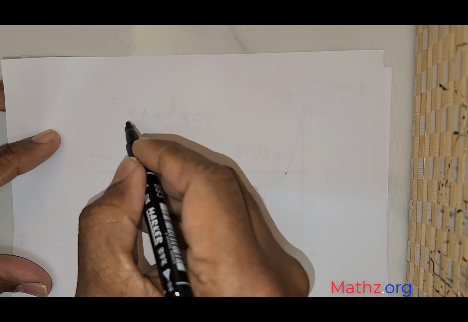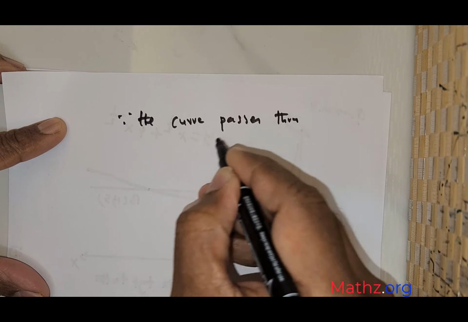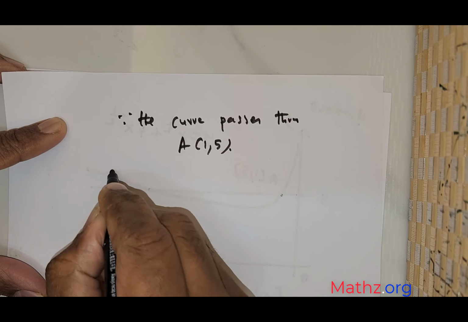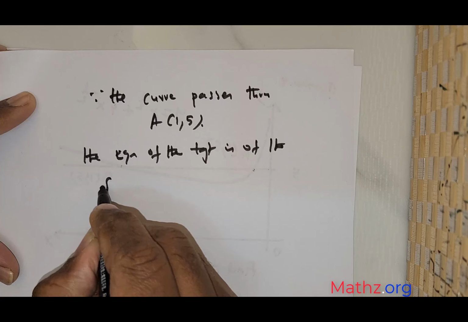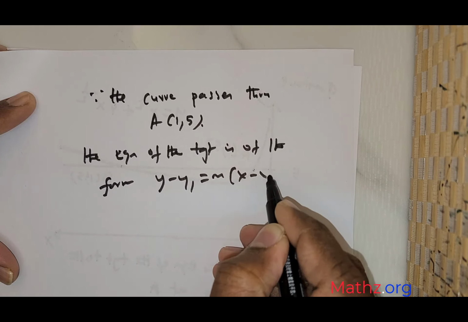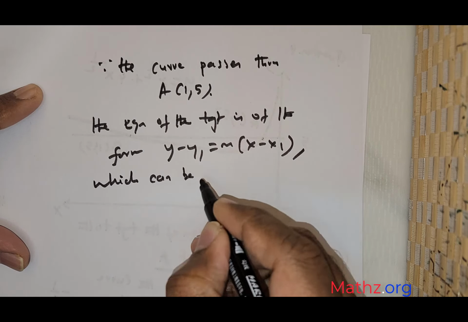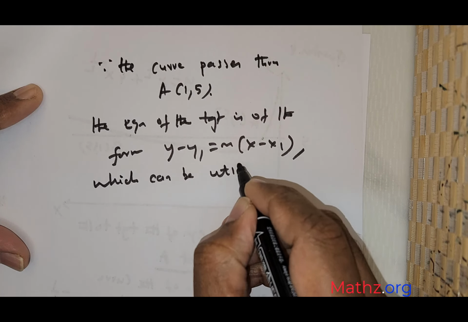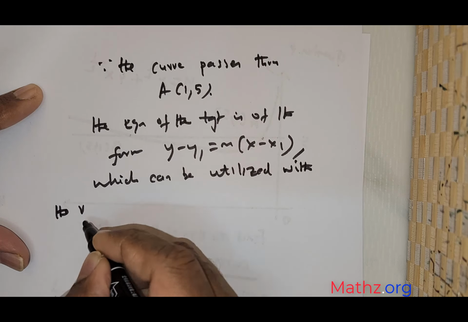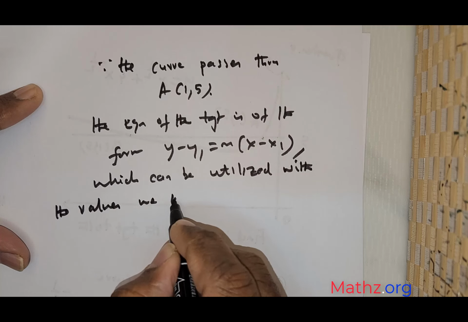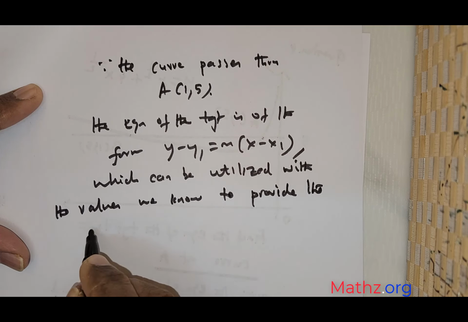So I'm going to state that since the curve passes through 1 comma 5, the equation of the tangent is of the form y minus y1 is equal to m times x minus x1, which can be utilized with the values we know to provide the equation of the tangent.